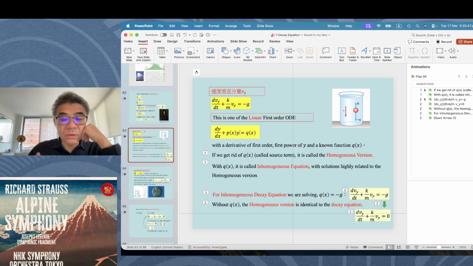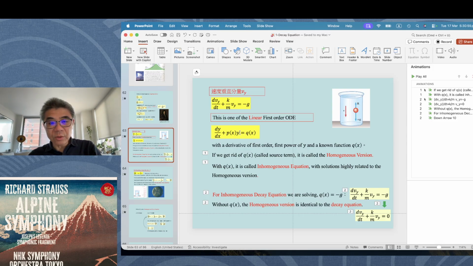Remember, the interesting thing is that in the physical world, almost all the ordinary differential equations you are going to encounter are linear. So we are going to take advantage of this linearity of the equation to have a very, very simple answer to the question.